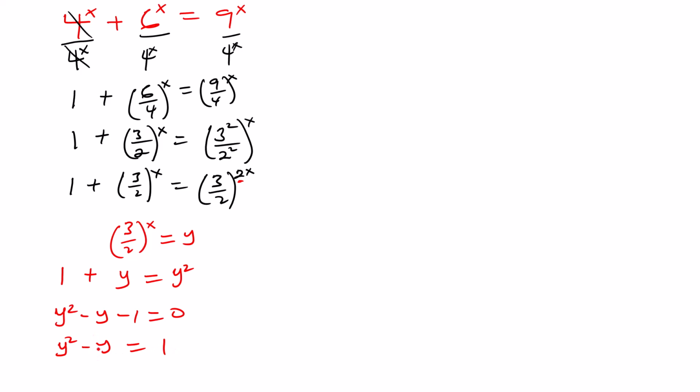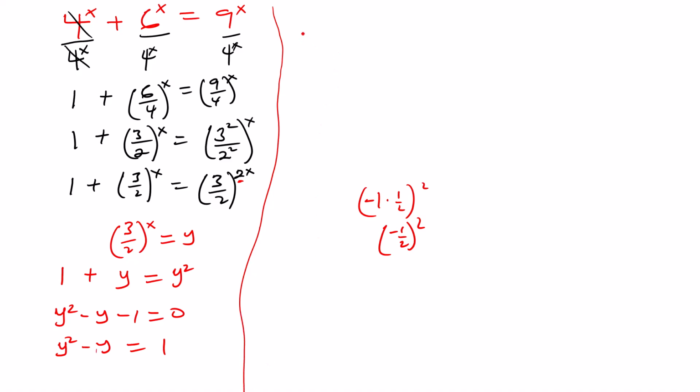I'll multiply the coefficient of y, that is minus 1, by half, and I'll square the result. Then I'll add the result to both sides of the equation: minus 1 on 2, squared. So I have y squared minus y plus minus 1 on 2 squared equals 1 plus minus 1 on 2 squared.